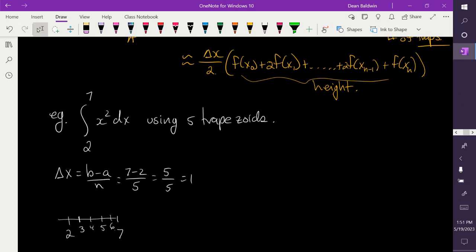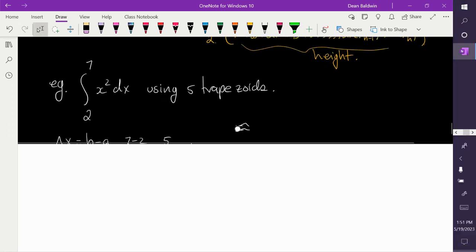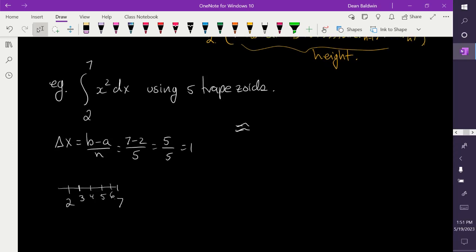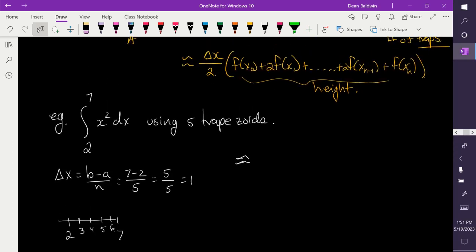So we go, all right, we're going to approximate this. It's going to be approximately delta x over 2, so 1/2. And then you start on the left. F of x0 is 2. So f of 2 plus 2 times, what's the next x value? 3.